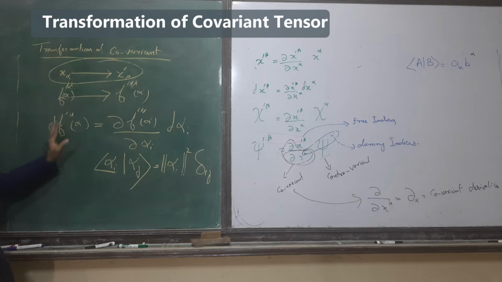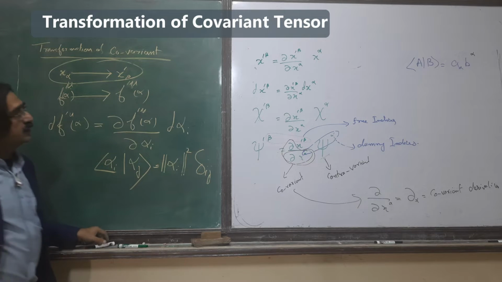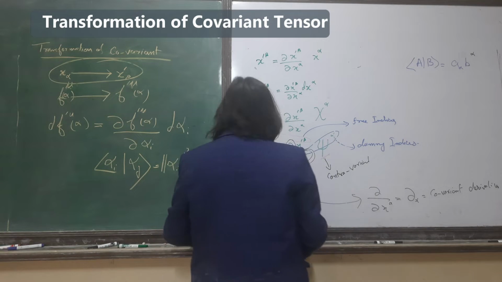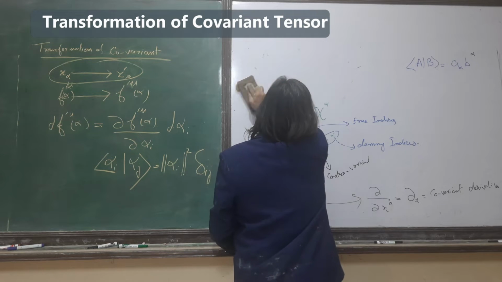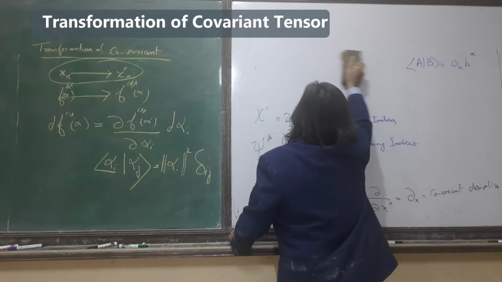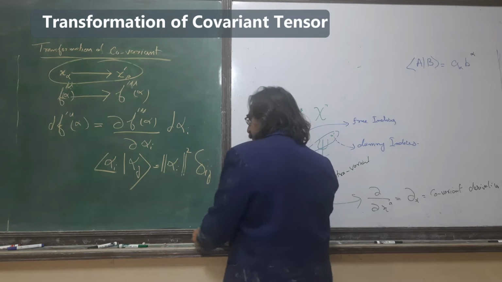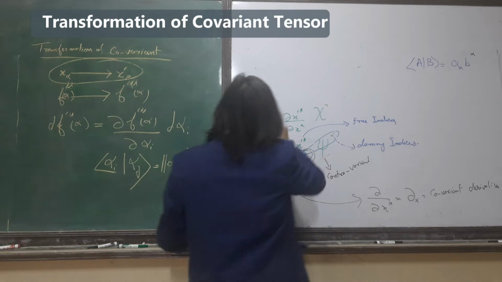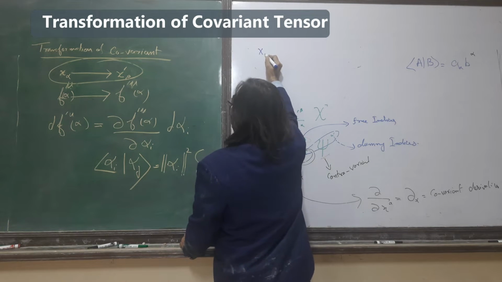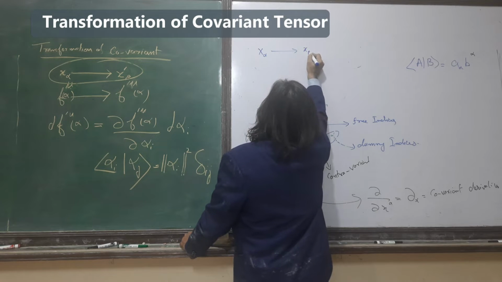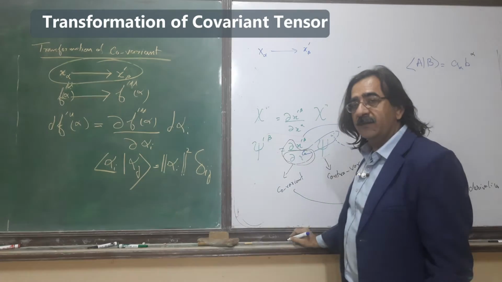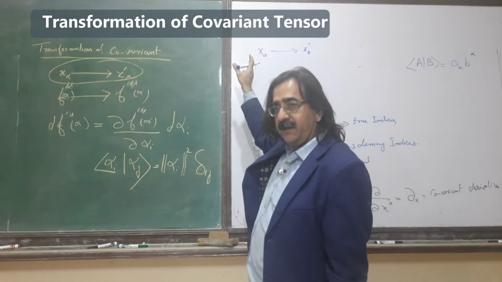So the transformation of covariant will be x alpha transforming to x beta bar. Yes, now both are covariant.